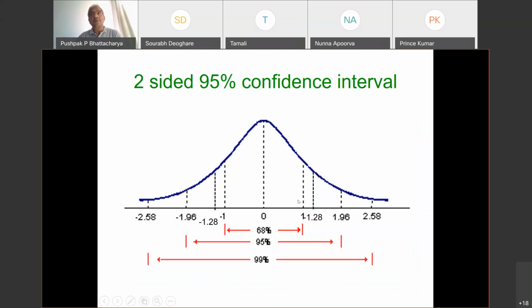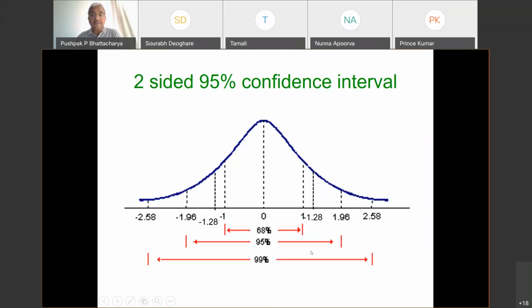Now, this use of standard normal curve is permitted when the sample size exceeds 30. When it is not, then what to do? We have to make use of other distributions. So that discussion is pending for some time.